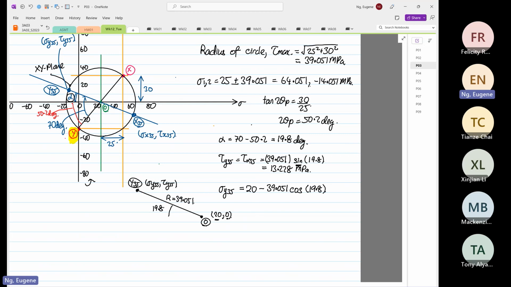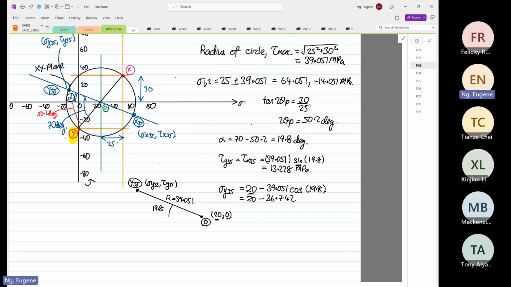Then for the next one, you have another factor to consider, which is the 20. So you know that it's cosine. So this is 20 minus cos 19.8 times 39.051, which is 36.742.